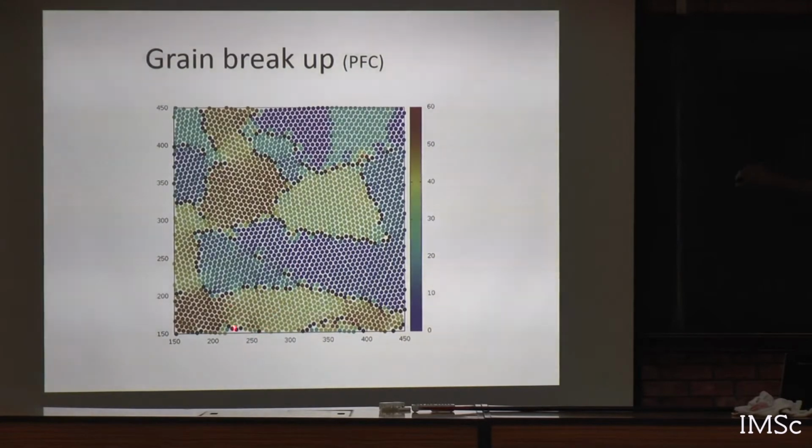Now this small portion is not really very close to any boundaries, it is quite in the bulk. You can see 150 to 450 here. This is the PFC simulation, and the system actually runs from 1 to 1024. So this is a 1024 cross 1024 lattice, pretty big.